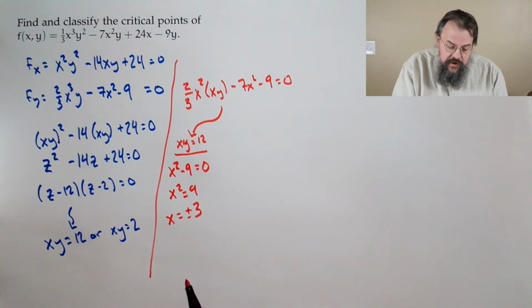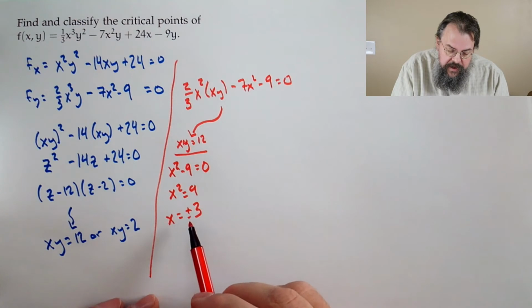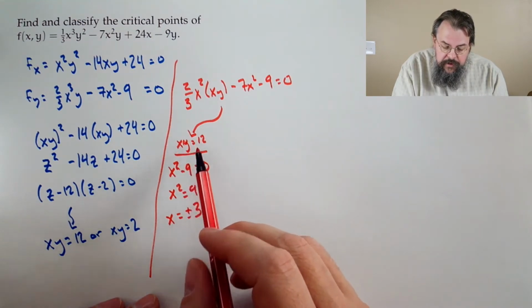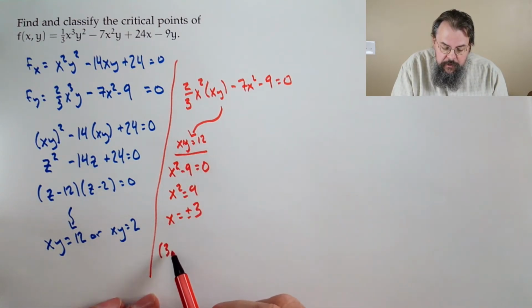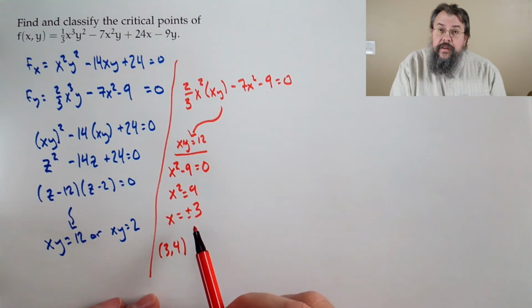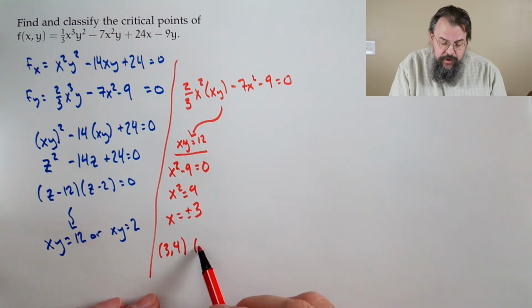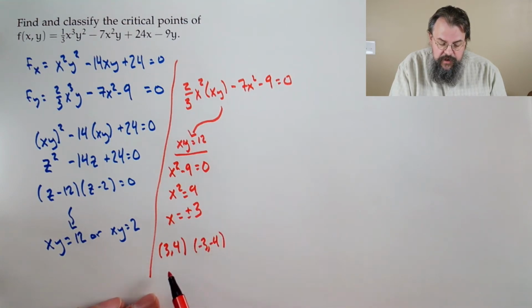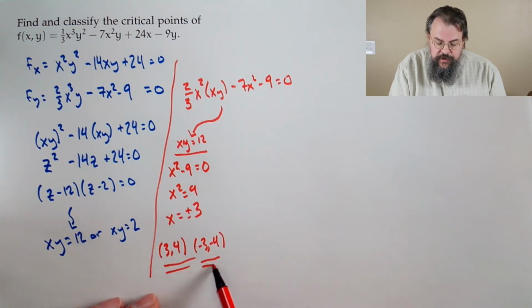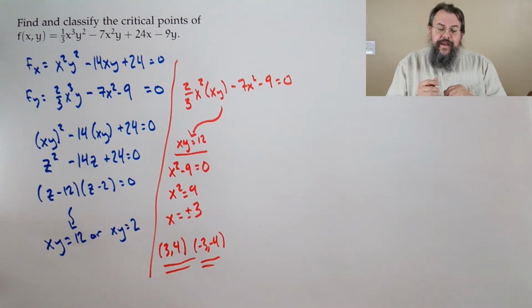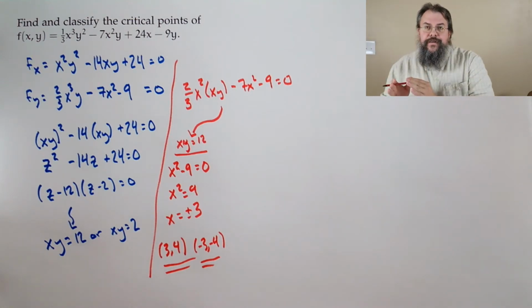Okay, so what happens? Well, if x equals 3, 3y equals 12, so y should be 4. If x equals negative 3, minus 3y equals 12, so y should be negative 4. So those are two critical points. So that's going down the xy equals 12 path.